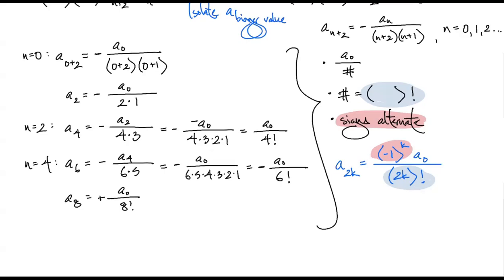So look at this and let's see what we have. a sub 2k equals -1 to the k, a sub 0 over 2k factorial. We should see pieces of that in our final answer. In fact, if you scroll back up and compare this to the answer I told you you were going to have at the end, pieces of this should be in there.